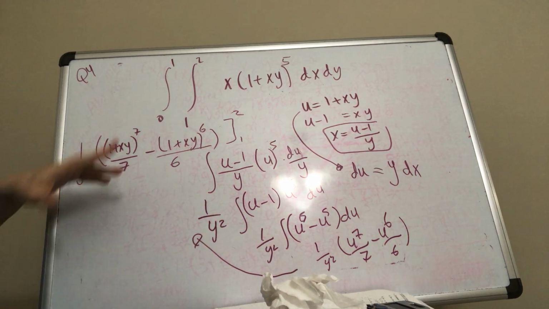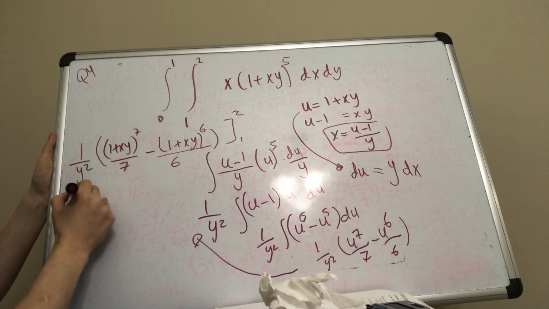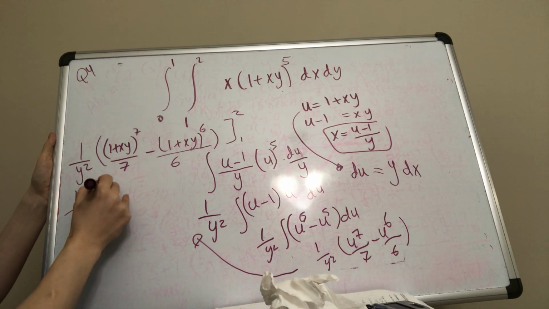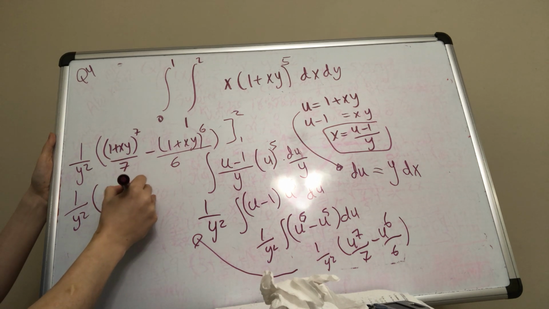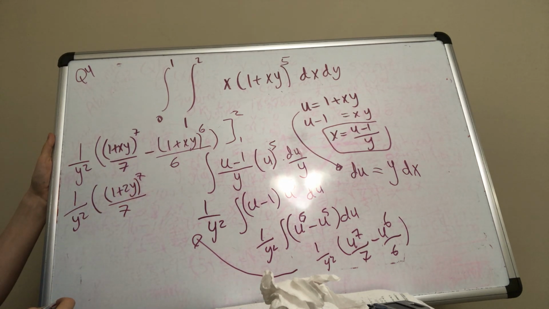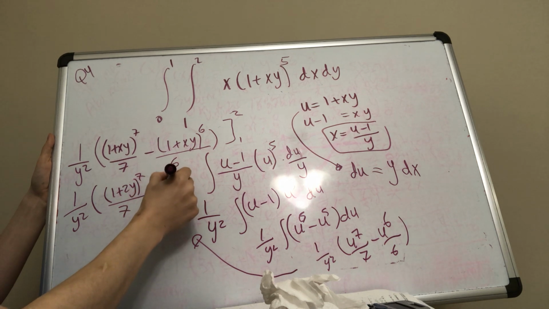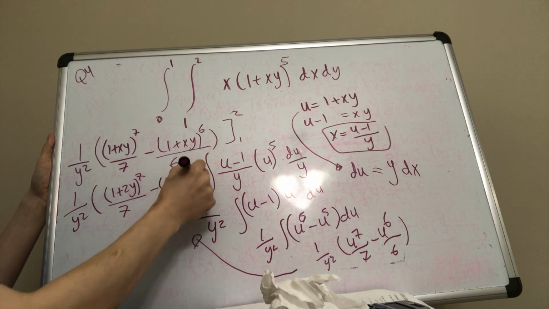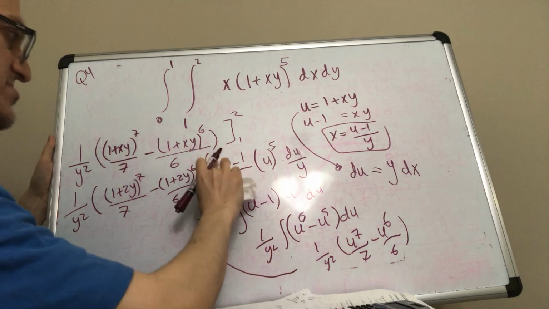So, since we did the x first, anywhere you see x, you plug 2. So that would be (1+2y)^7 over 7. You plug 2 here, (1+2y)^6 over 6. I'm gonna erase some of this.